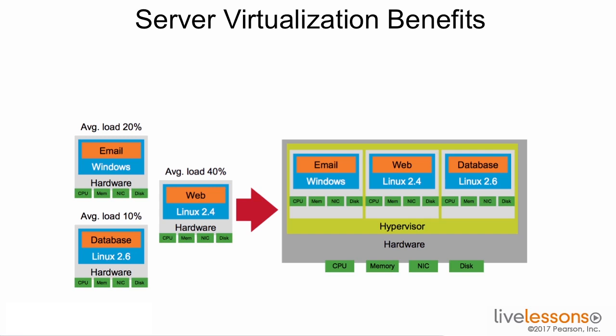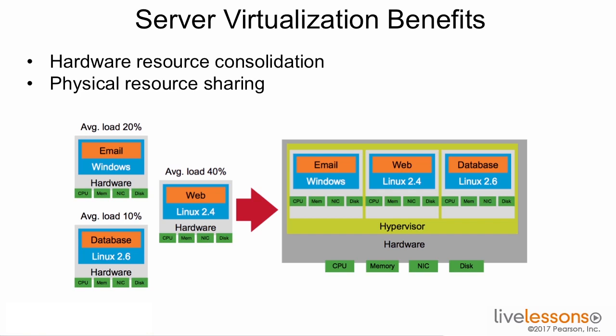Instead of having all of those stranded resources on 3 separate servers, I can combine those virtual servers on a single set of hardware that allows me to share physical resources and drives the utilization of my server hardware up to 70%. This way I get a better return on investment on my equipment.